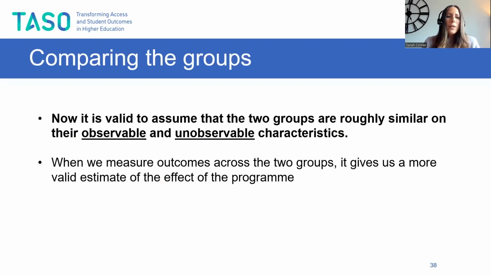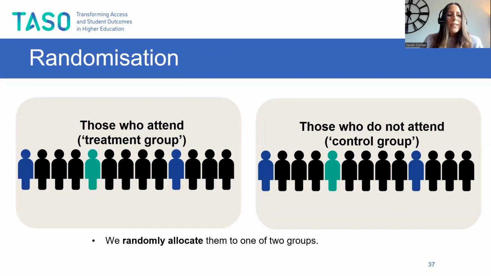And because of the law of large numbers and how randomization works, your characteristics even out across the groups. So let's say our blue students in this example are female. You can see we have 2 females in the treatment group and 2 females in the control group.